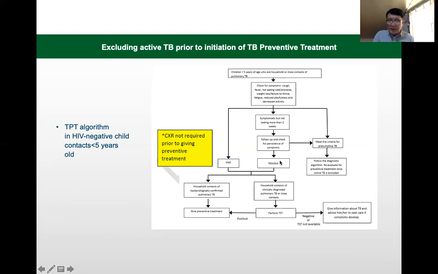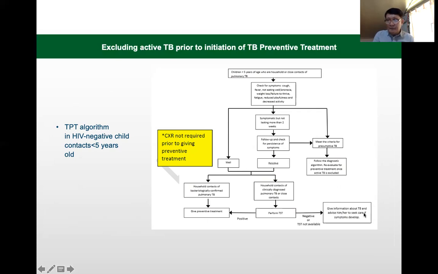But if the child is not a household contact of BCTB, but a household contact of clinically diagnosed TB, we need to perform TST first. Once the TST is positive, we proceed to give the preventive treatment. Once it is negative, we give information about TB and advise him or her to seek care if symptoms develop.